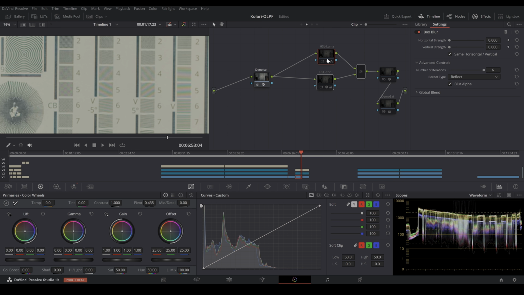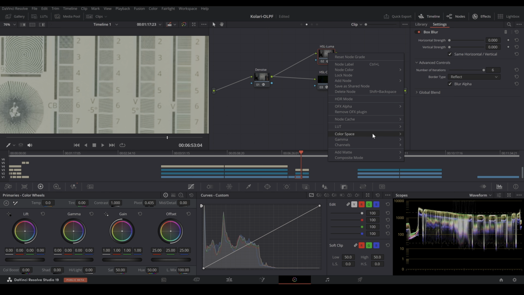Another way to get rid of moire is to split the luma and chroma channel and blur the chroma channel. So this is kind of similar to denoise, but you can do a little bit more customization on the blur. So you can do this either with HSL channels, where you change the color space to HSL, and then you select the H, S and L channel.